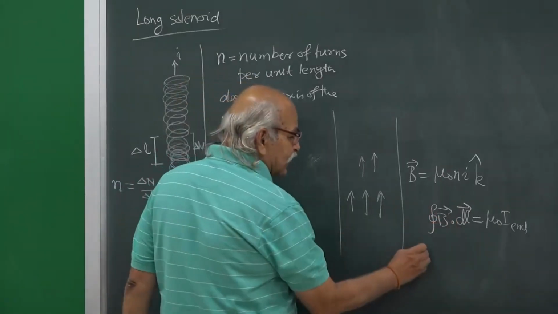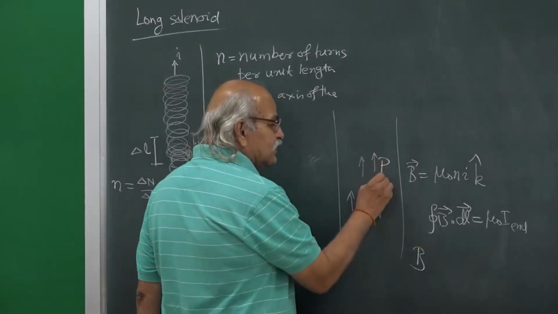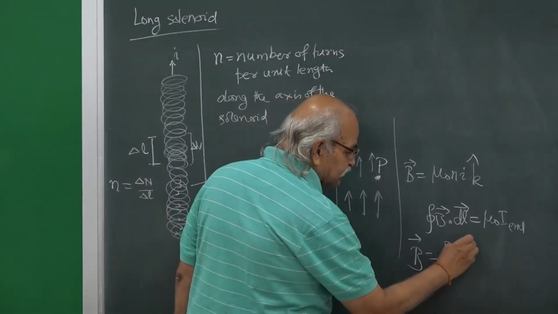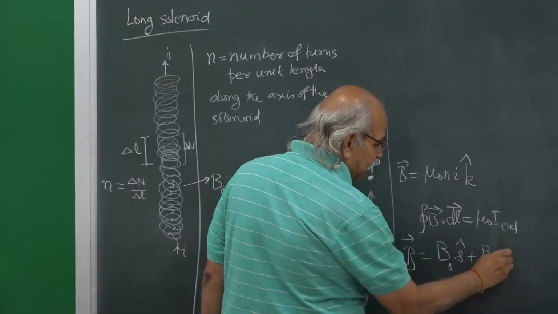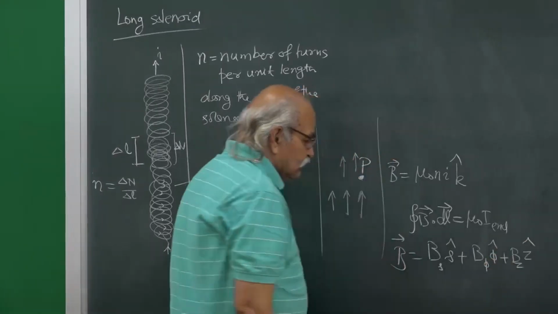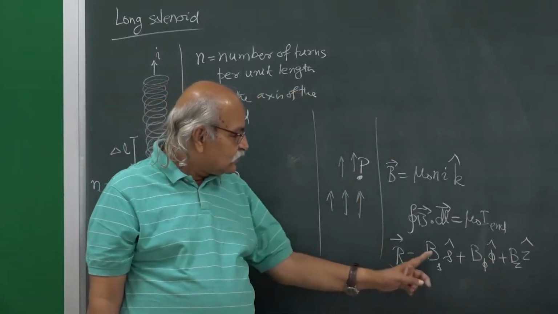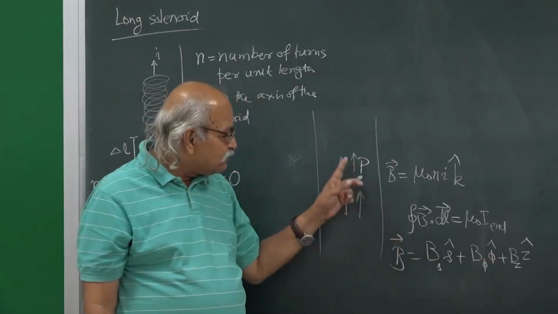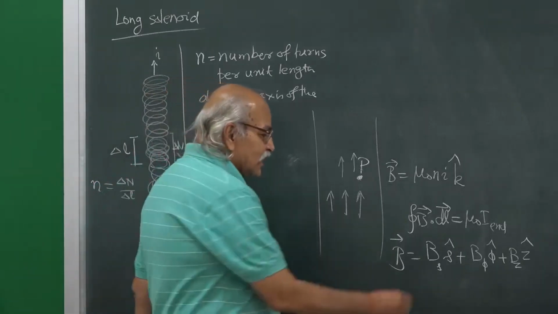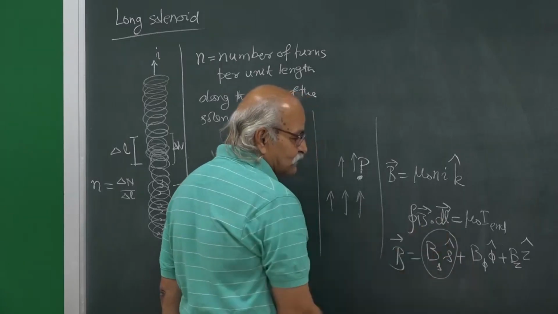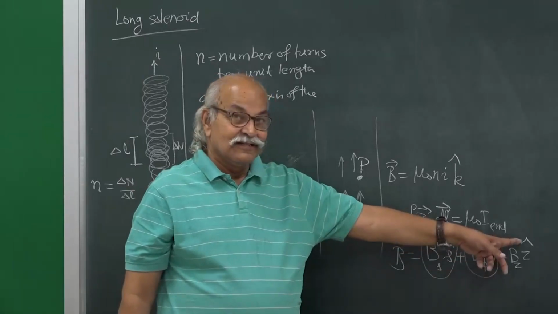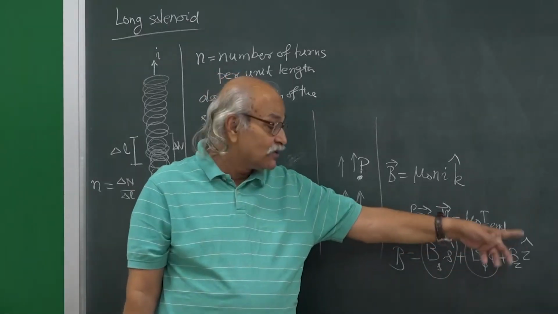So B can be written as Bs S cap plus B phi phi cap plus Bz z cap. First we have to look at these components and see what the direction can be. From symmetry the result will be that this component has to be 0 and this component has to be 0, and it is only in the z direction. But beforehand we cannot say that, we have to justify it.